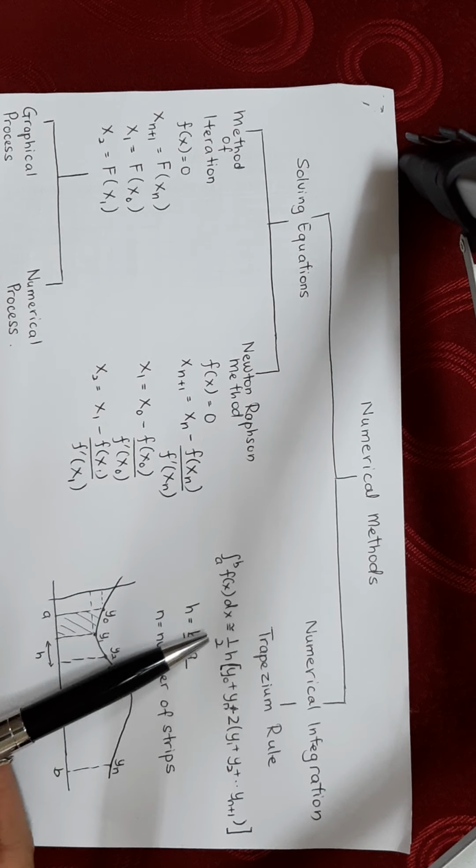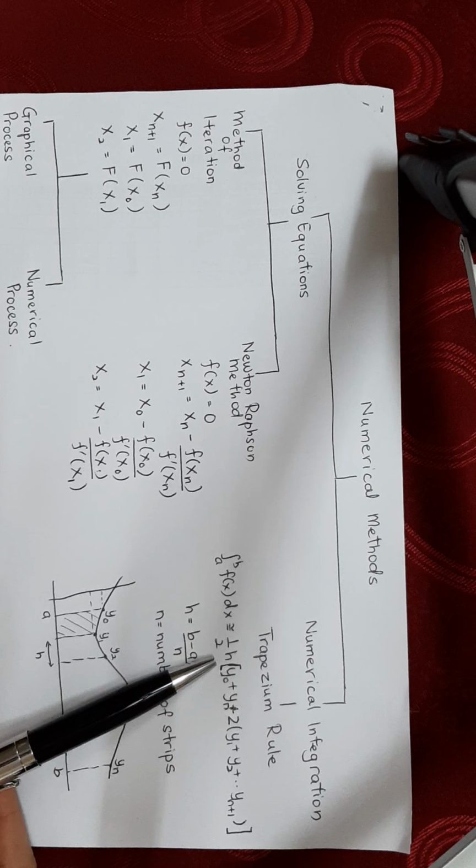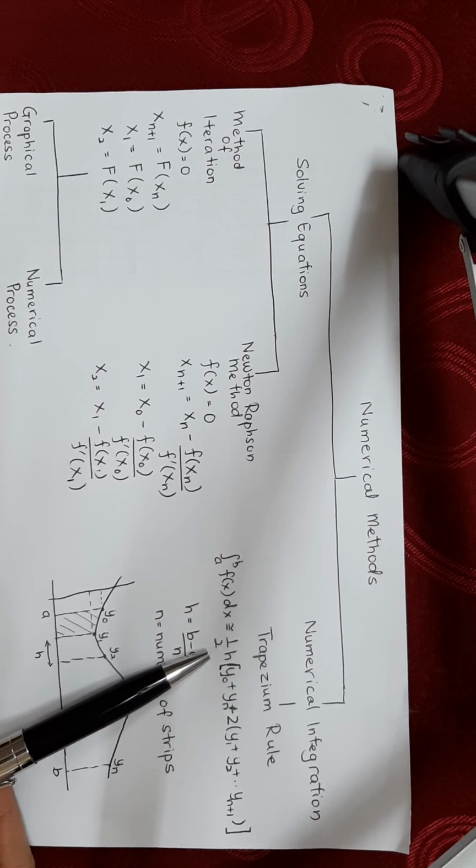That can be approximated by half of h, where h is a constant width. Later we'll get into that.